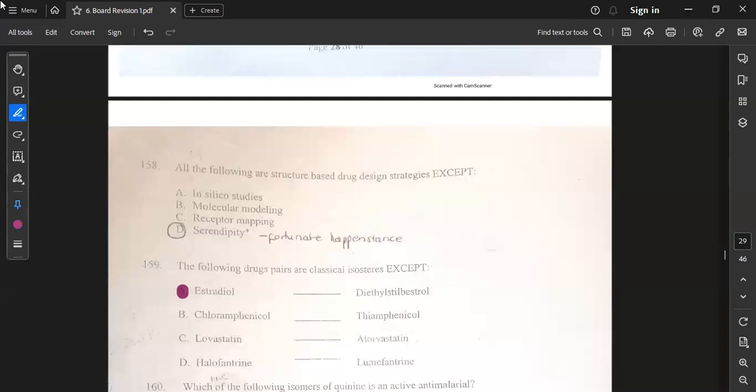So I could agree with A, because estradiol is natural and has an alkene portion, and diethylstilbestrol doesn't. Okay. I don't know about the structures of lovastatin and atorvastatin, but okay. Anyone else? I will move to the next thing.